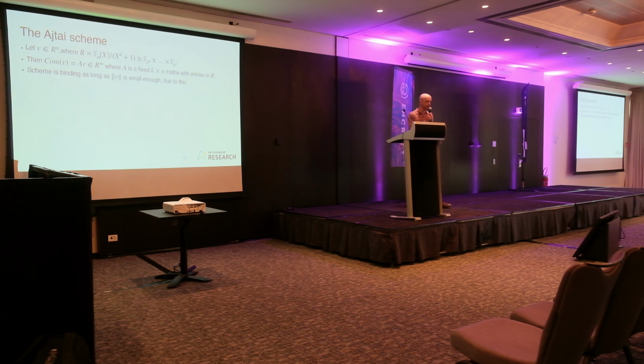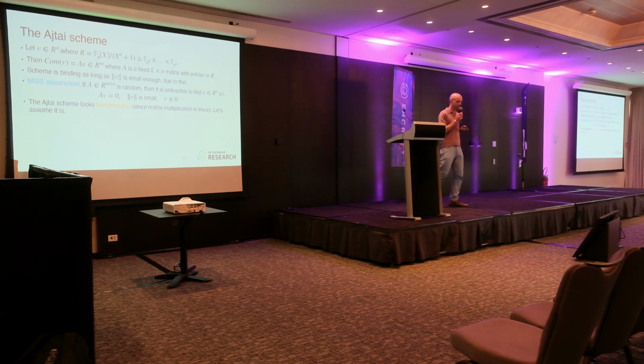The scheme is binding as long as the norm of the vector is small enough, and this is due to the MSIS assumption, which says that if you have a random matrix A, then it's infeasible to find a nonzero vector with small norm such that when you multiply it by A, the result is 0.